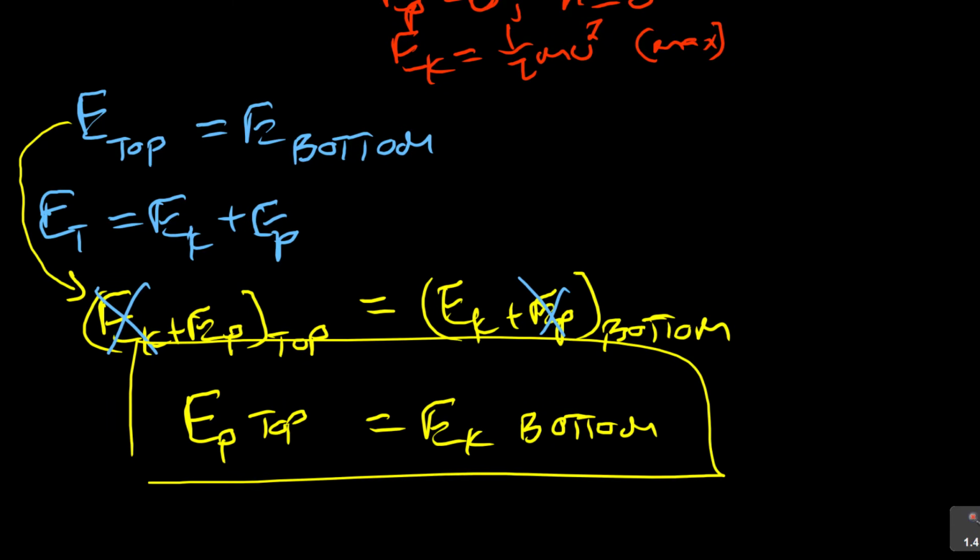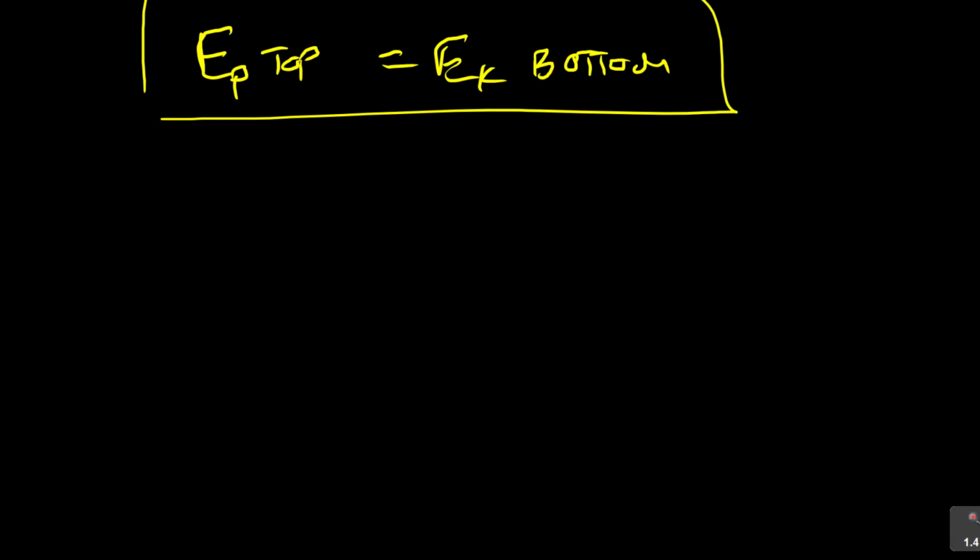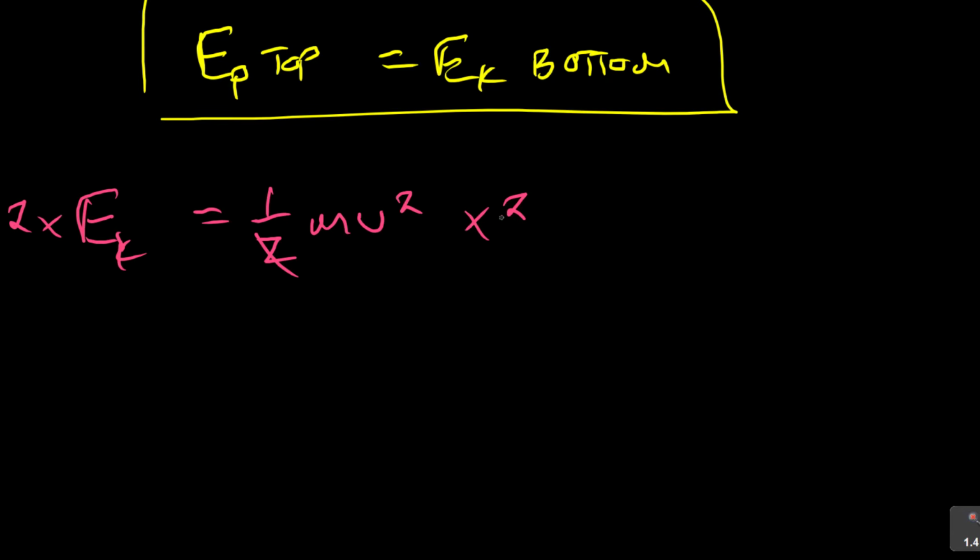So these are the few scenarios that I want you to always get used to. And then there are a few things that you need to know in your mathematics. If I say what is EK, you know that EK is equal to half mv squared, and you need to know how to calculate velocity there. First, you need to multiply by 2 so that you can get rid of the half.